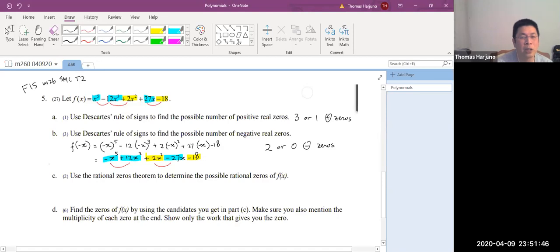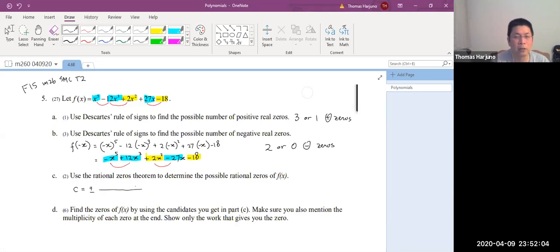Use the rational zero theorem to determine the possible rational zeros of this polynomial f(x). The rational zero theorem says if a polynomial has integer coefficients, and that's what we have there, then if the zero is a rational number, it must be a factor of the constant.